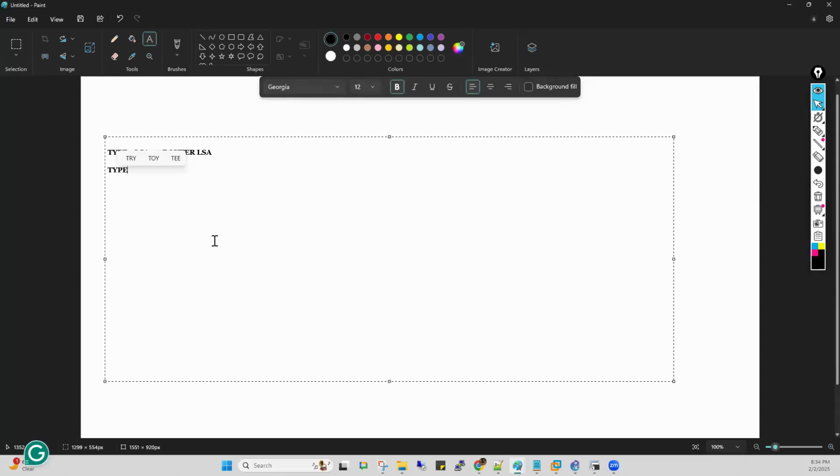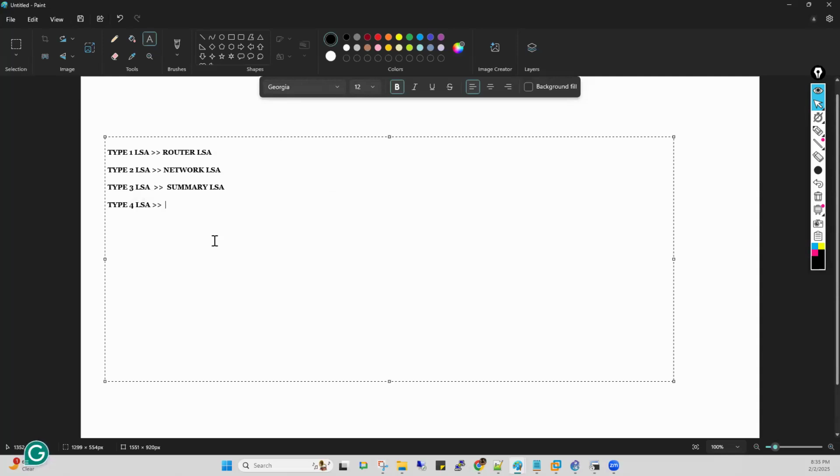Clear? Type 2 LSA is known as network LSA. I already told you these things, but I am just reminding you. Type 3 LSA is known as summary LSA. This is what I told you, right?